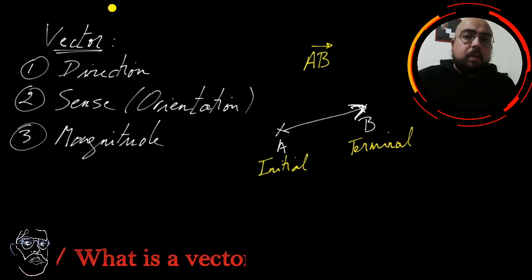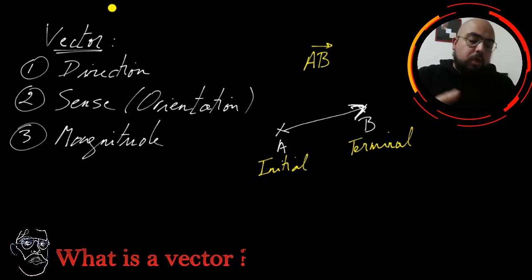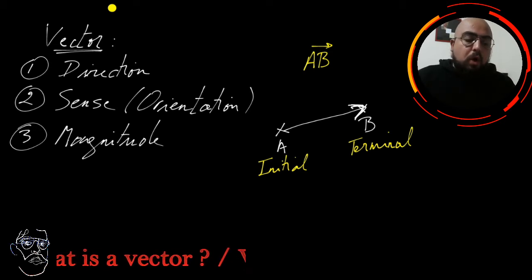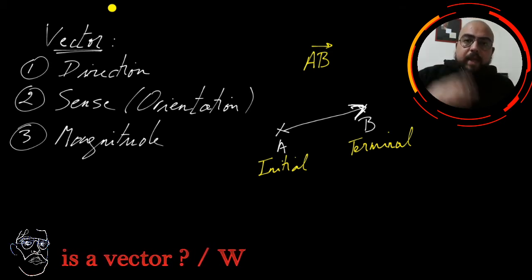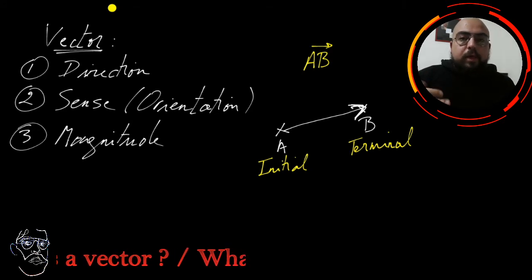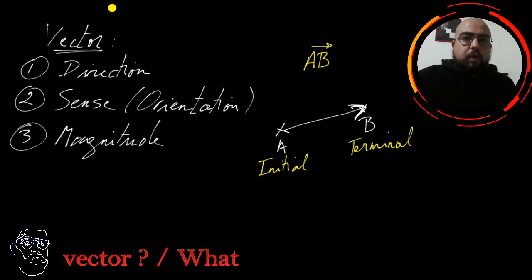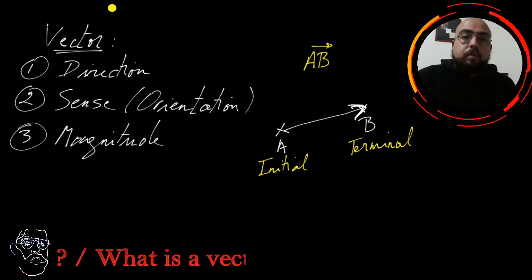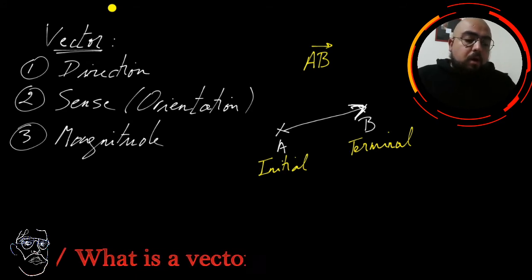In this case, I'm also taking the third point, the sense or orientation. Orientation means from A to B, which is quite different from a direction. I will take a few examples where I'm going to discuss the different positions of two vectors, and we're also going to mention the direction and sense.